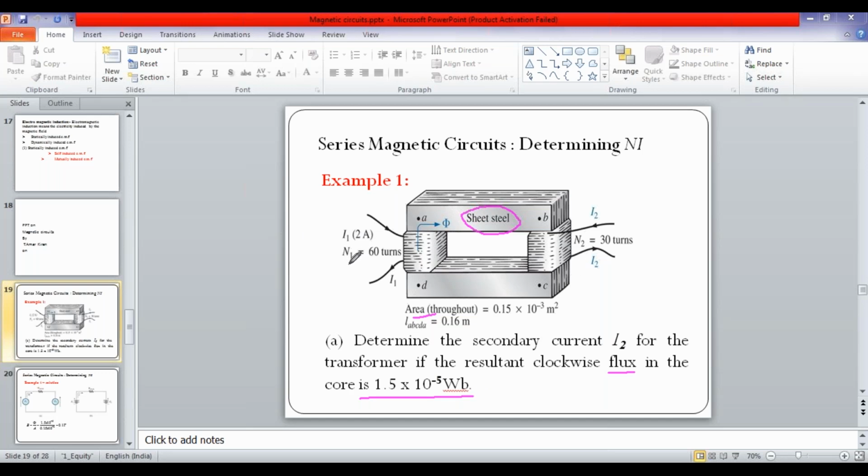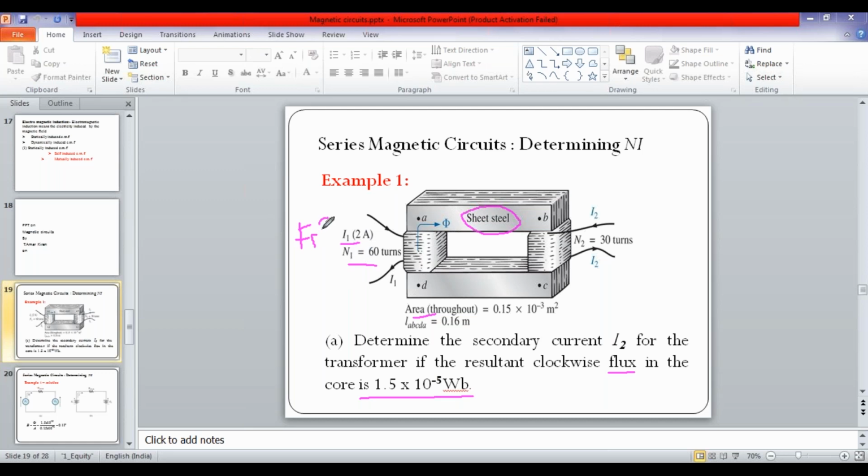Primary turns N1 is equal to 60 turns and I1 is equal to 20. What is the primary MMF we can calculate, right? Let me call it F1.